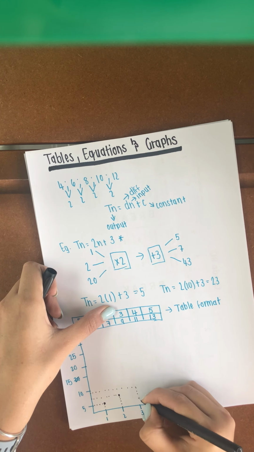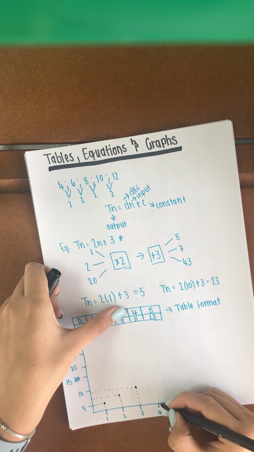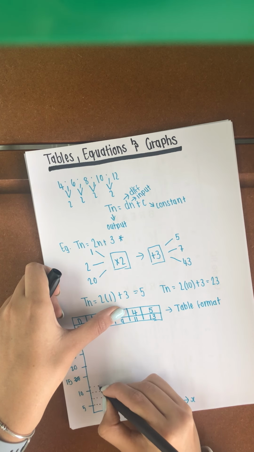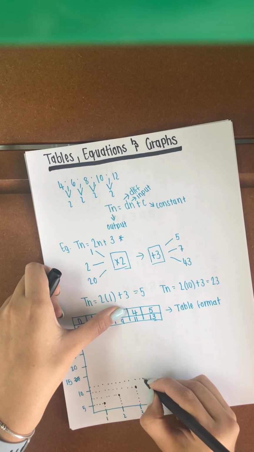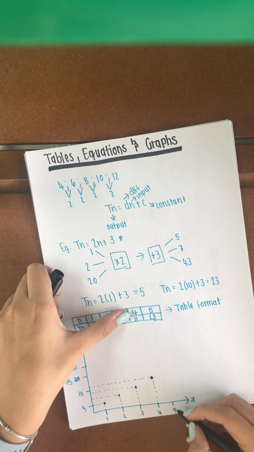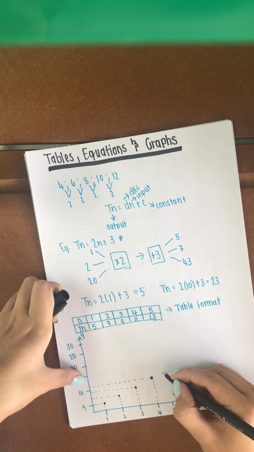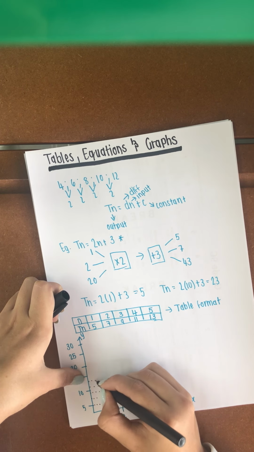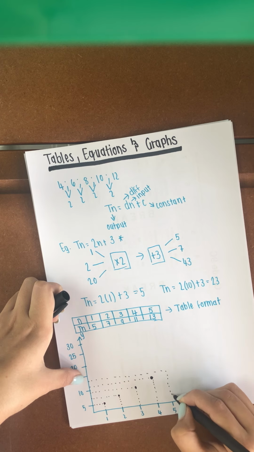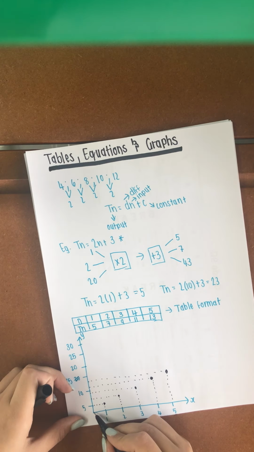If my input value is 4, I get 11, so my point will look like that. If I put in 5, I get out 13, so that's about here. This isn't accurate, but you guys get the picture, and then I draw my graph.